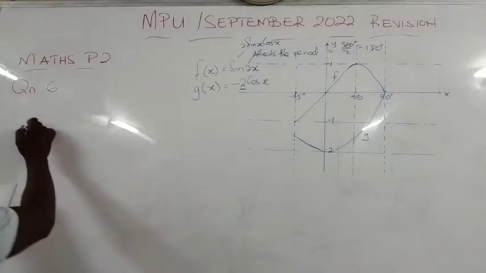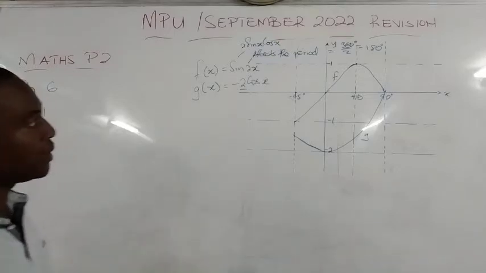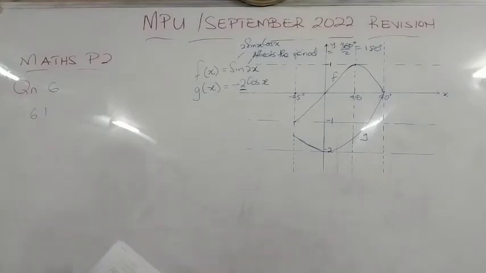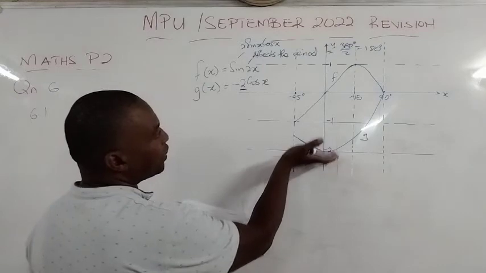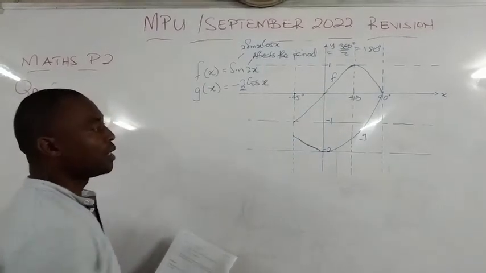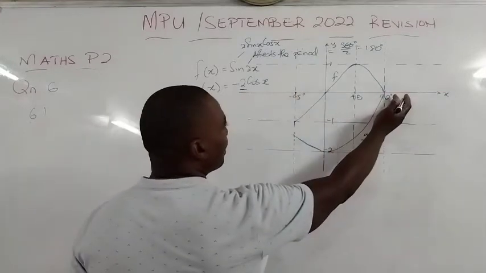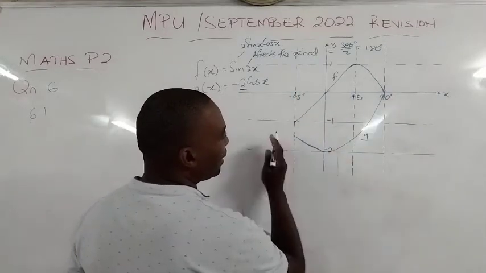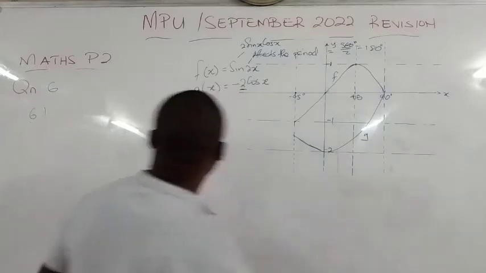6.1, write down the range of g in the interval x an element from negative 45 to 90 degrees inclusive. Now, the range of g, we are basically talking about the y values, but we are limited to this interval. In this interval, the minimum is negative 2.